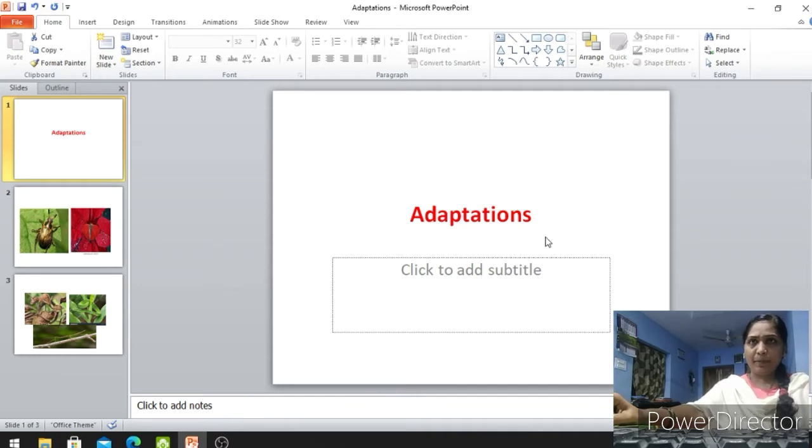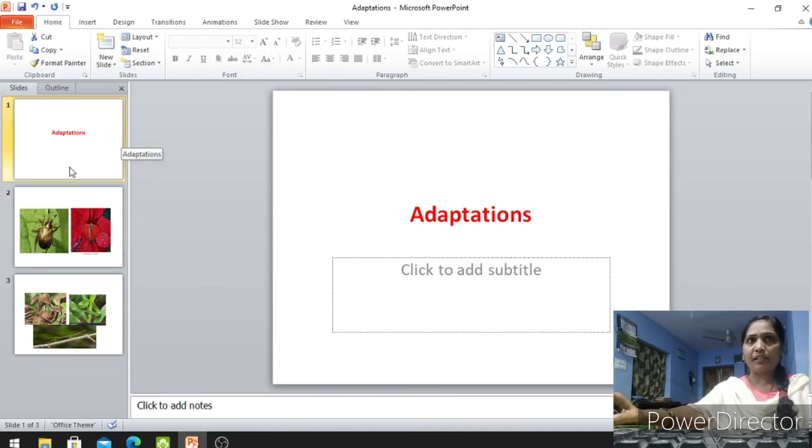So adaptation is nothing but the changes which living organisms acquire for their survival, depending upon their habitat and environment. We are going to read more about these adaptations in coming classes.